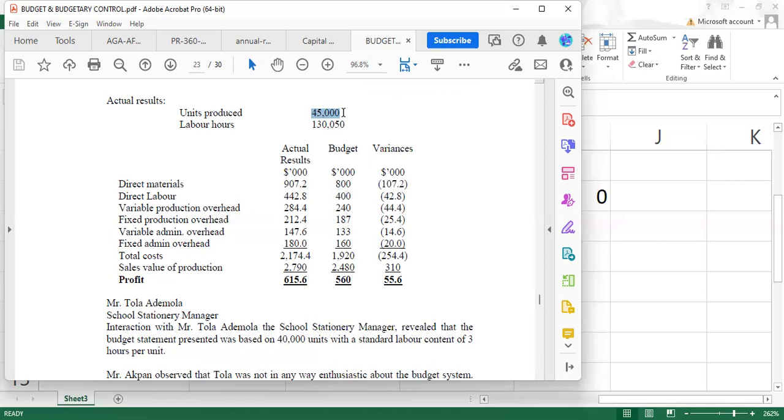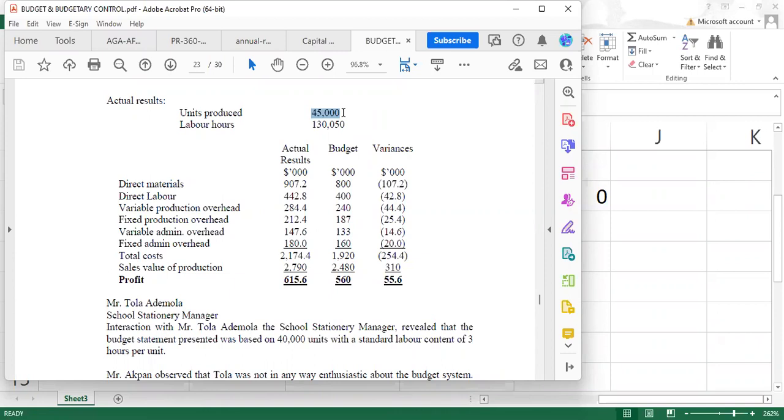We still have to incur 800 for 45,000? No. So how much should you have incurred? 900. Yes. Okay.